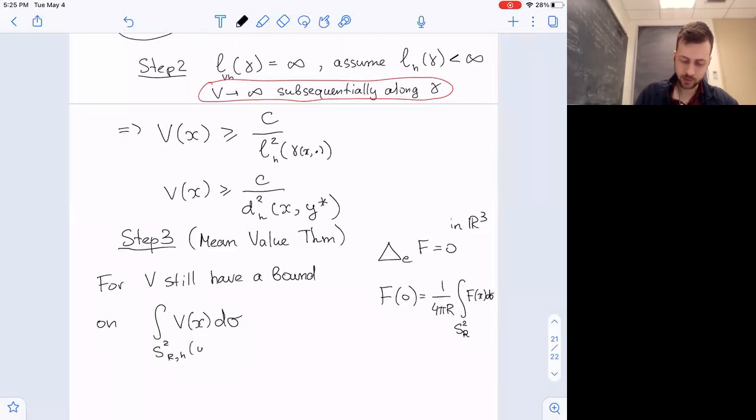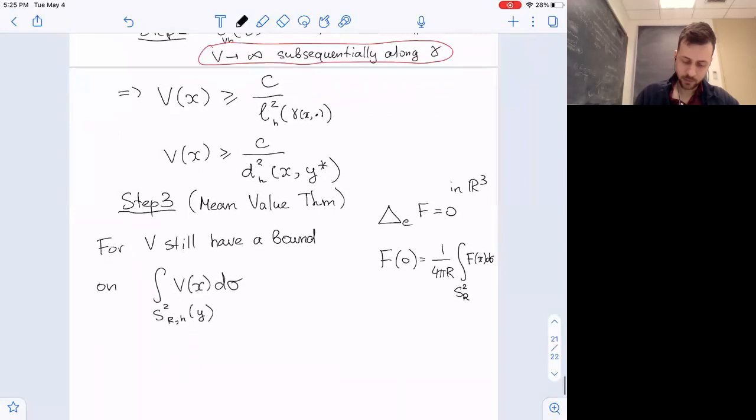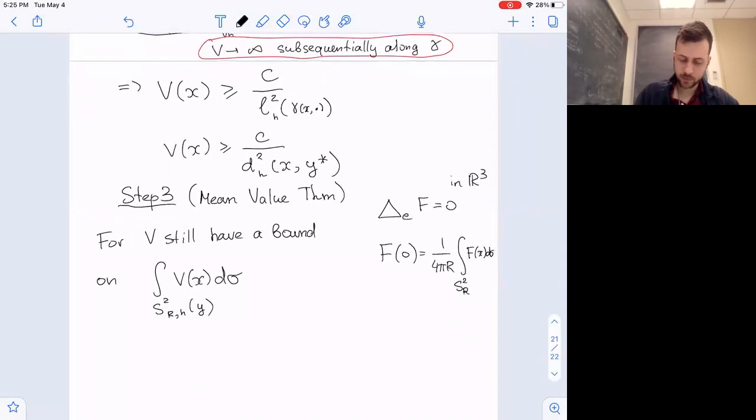So maybe a sphere centered at point y. It is less than some constant c0.